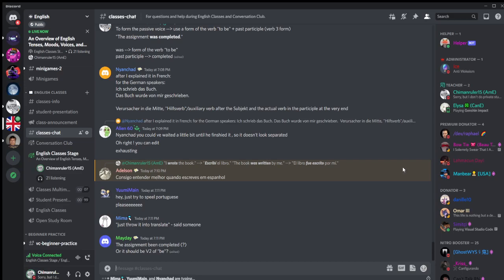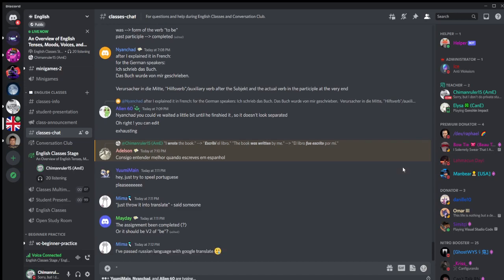Okay, so here's another example where you could form passive voice with the form of the verb to be and the past participle, or verb 3 form.